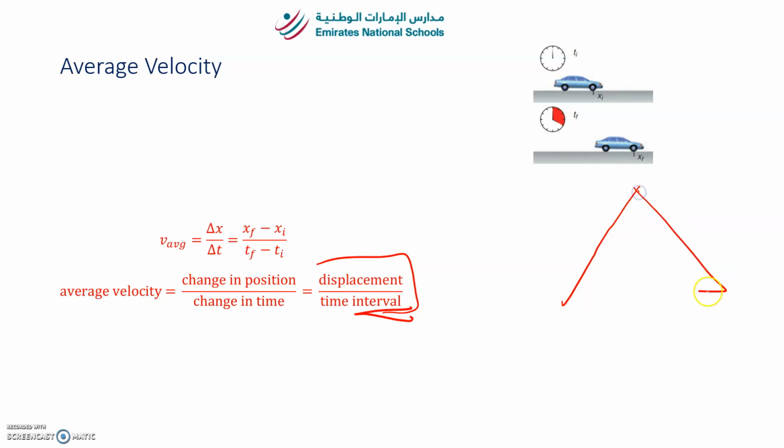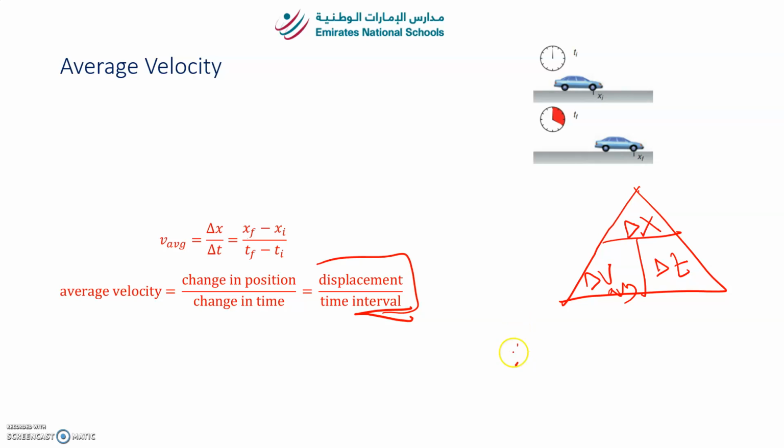I can memorize it this way: the average velocity, V average, equals the change in position, x final minus x initial, the final position minus the initial position, divided by the change in time. Change means the difference, so t final minus t initial.